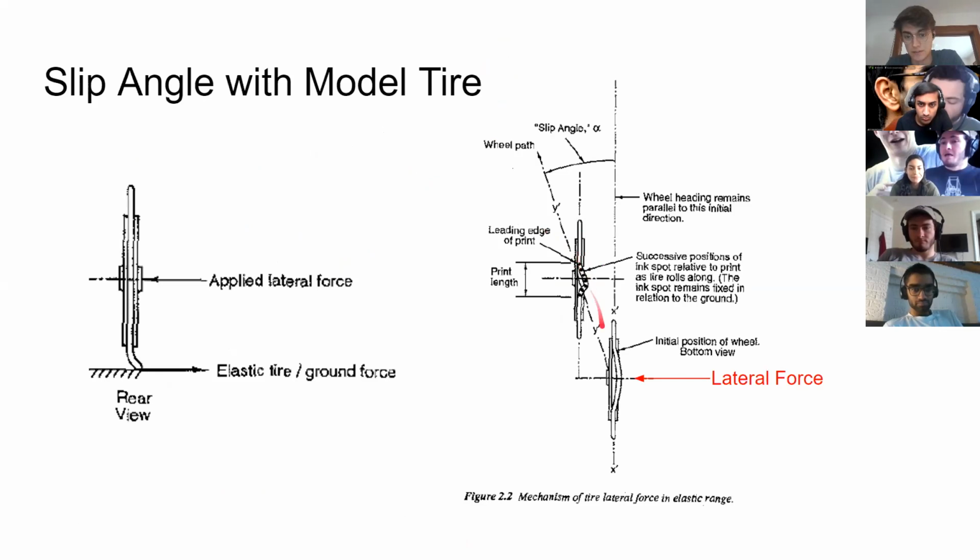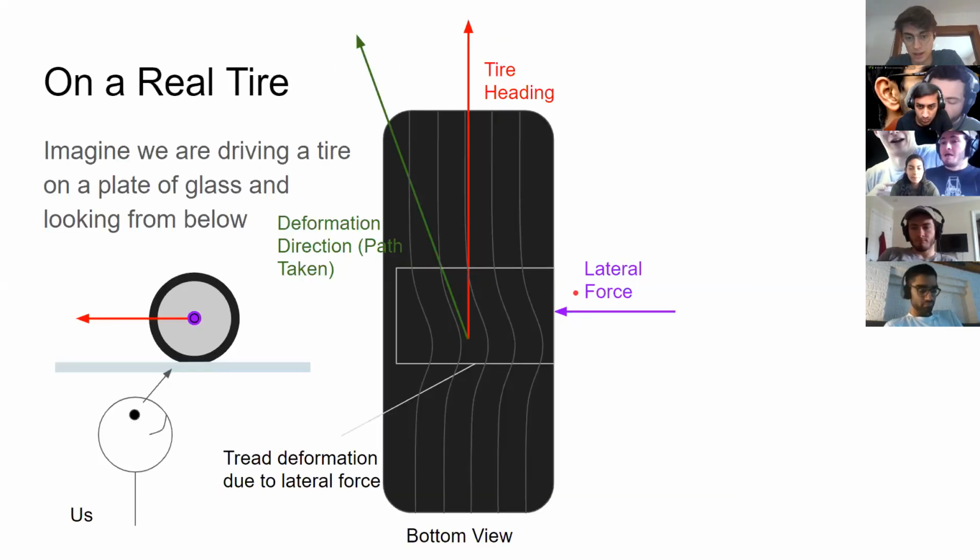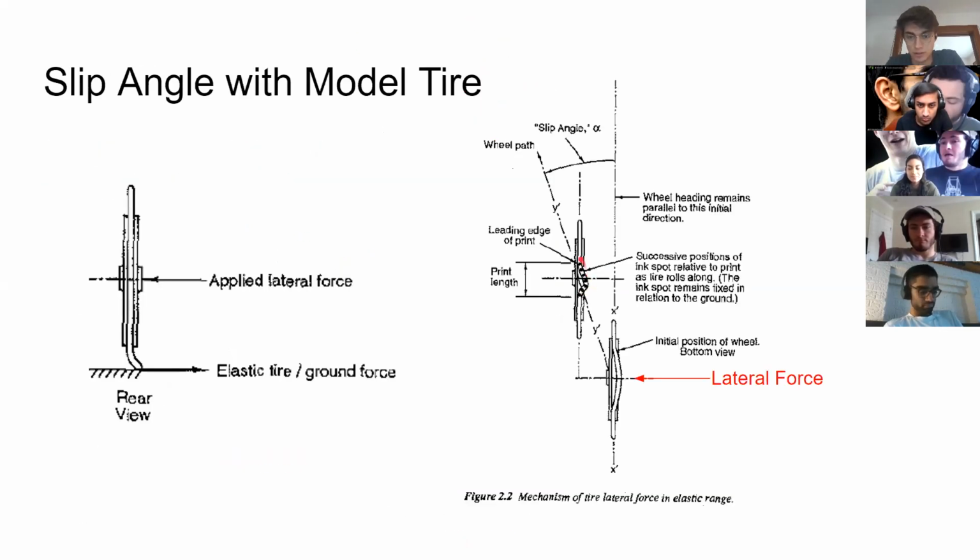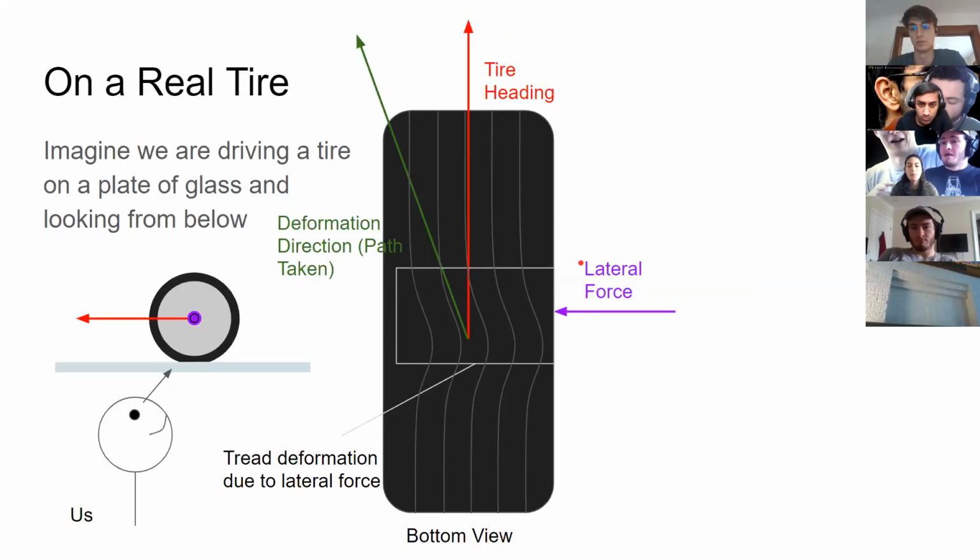That's what this line, this axis is showing, how that's parallel with the deformation here. It's the same thing, but that's what's happening in the whole tire, you can imagine. And then again, the angle between the direction the tire is facing and the direction the tire is actually traveling along is called your slip angle. That makes sense?